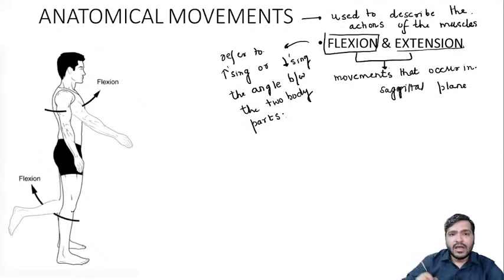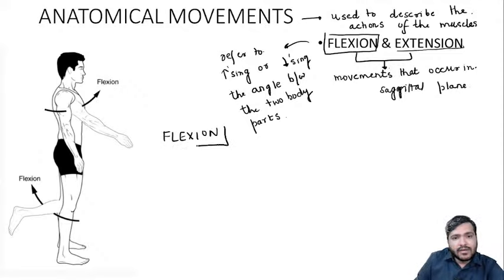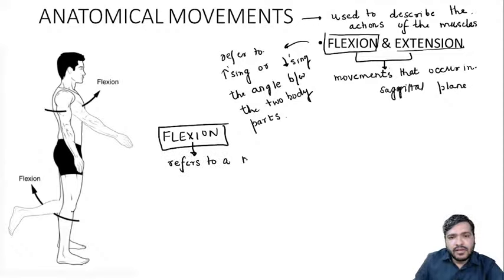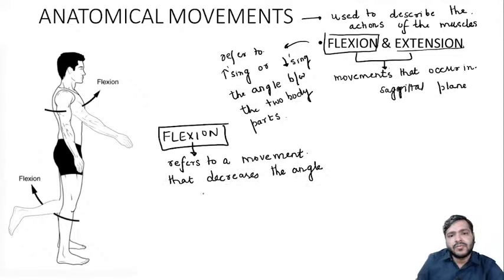Now sir, how to explain this? Let us take the first anatomical movement, flexion. Flexion refers to a movement that decreases the angle between two body parts.